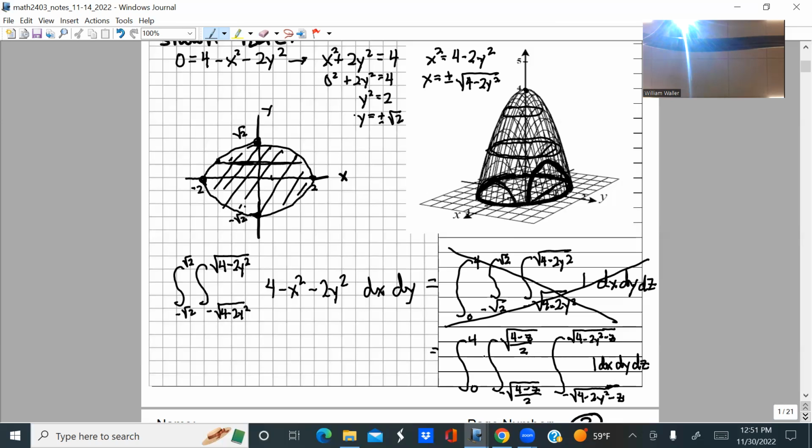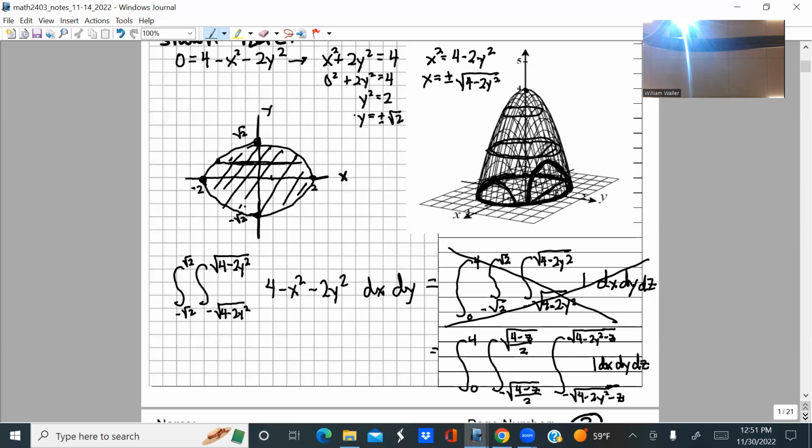But we can do it easier, I think, because remember, what sort of volume is this? This is a volume beneath a surface, right? Down to a region in the XY plane. So we can set this one up more easily, okay?